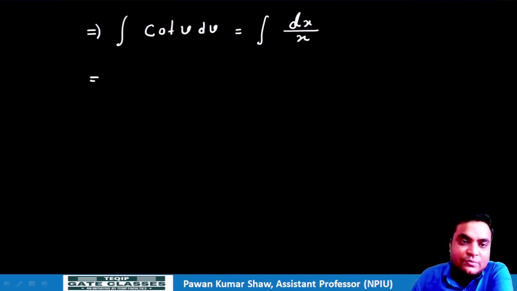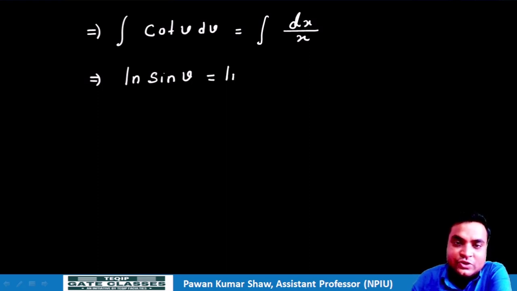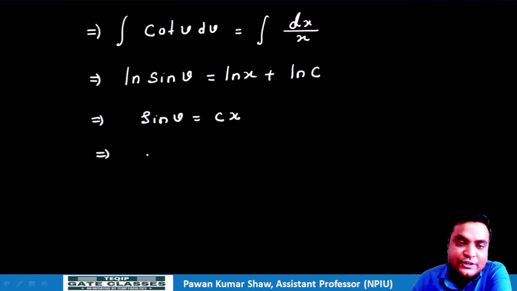Okay, so now what will be the integration of this one, cot v? We can write cot v as cos v by sin v, and if you assume sin v equal to something, you will get the cot v. So the integration of cot v will be log of sin v. The integration of dx by x is log x, and we are taking the constant in the form of log C. So we can write sin v equal to Cx, and what is v?